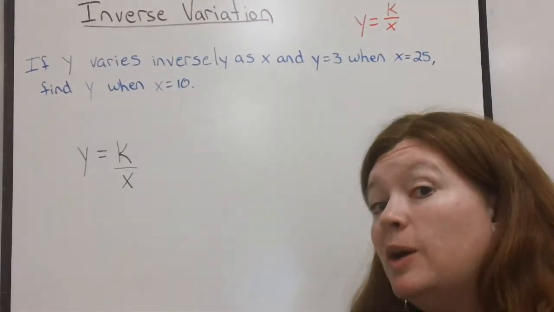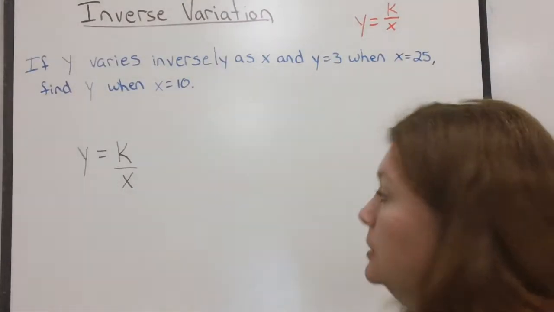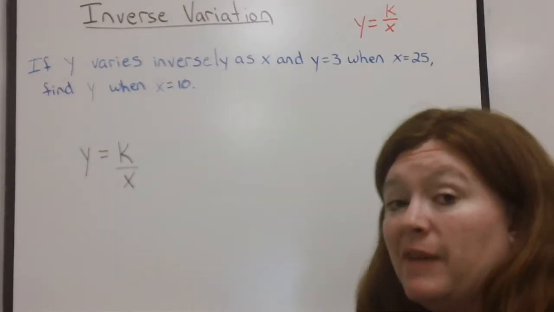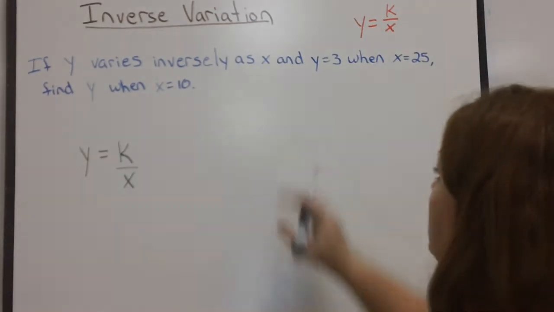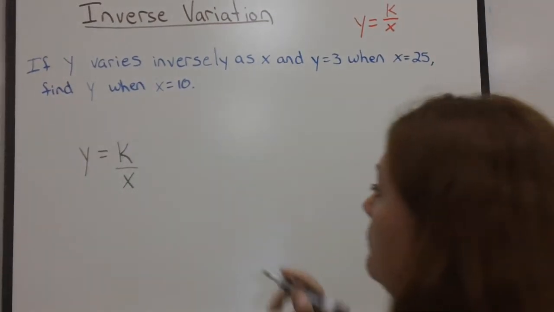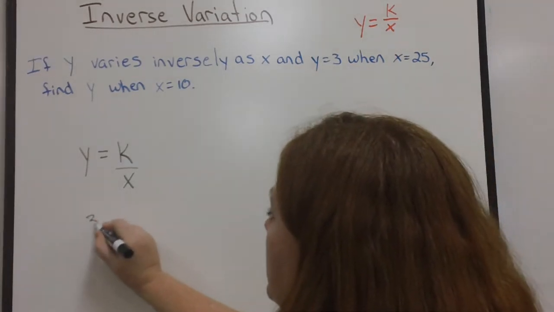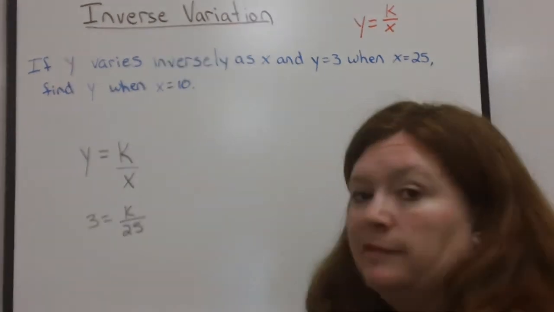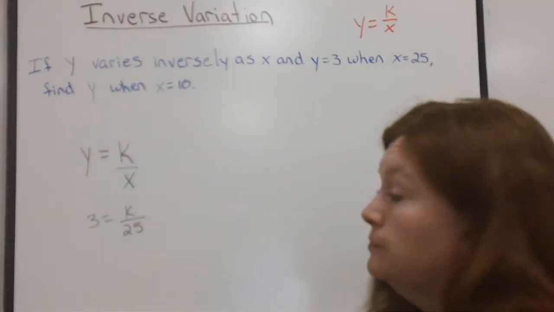Step 1 was write the equation of the variation. And there's my equation. Now, step 2 is to plug in some of the values because we need to solve for k. Y is equal to 3 when x is equal to 25. Solve for k. Yep.